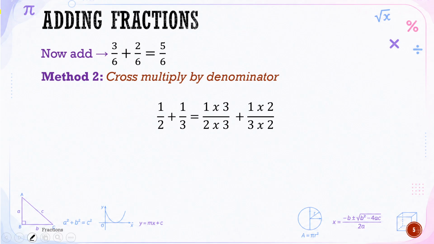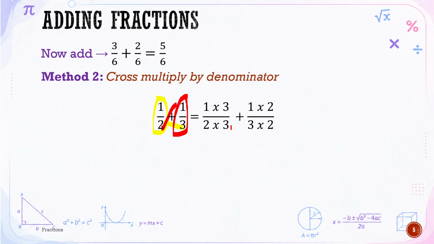What we are going to do here is you would multiply the first fraction by the denominator of the second fraction, that is 1 by 2 is gonna get multiplied by 3, right? And then you have 1 by 3 that is gonna get multiplied by 2.